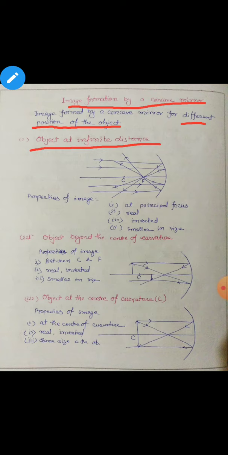So in this case, students, if the object is at infinity, all the rays of light from that source which reach us will be parallel to each other. Those rays which are parallel to the principal axis, after reflection, will pass through the focus of the mirror.